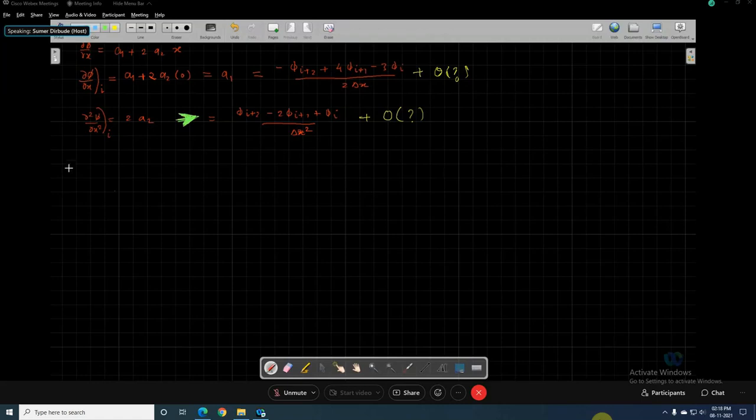So number one point is the polynomial method is cumbersome.